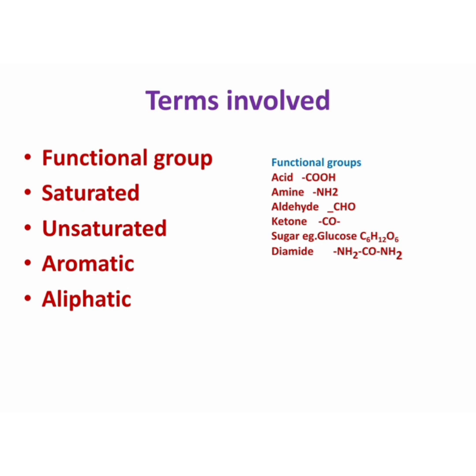A functional group is a specific group of atoms within a molecule that is responsible for the molecule's characteristic chemical reactions. What are the frequently known functional groups? For example, acid, COOH; aldehyde, written as CHO; ketone, carbonyl C double bond O; amine, NH2. All these are examples of functional groups because they impart specific properties to a compound.